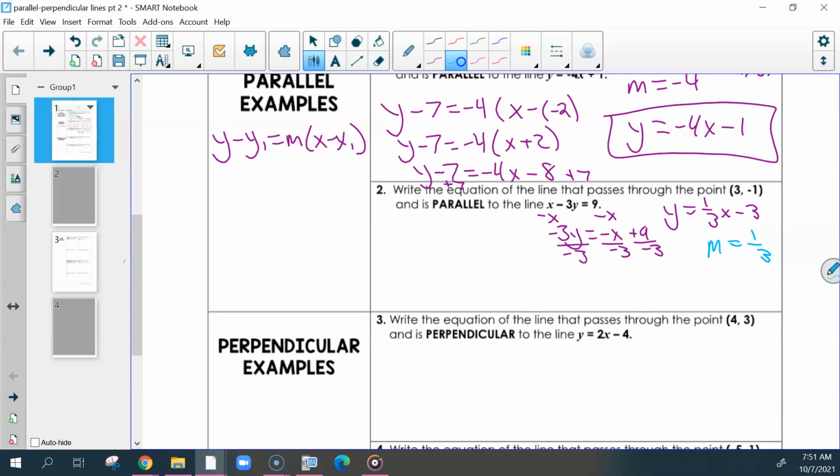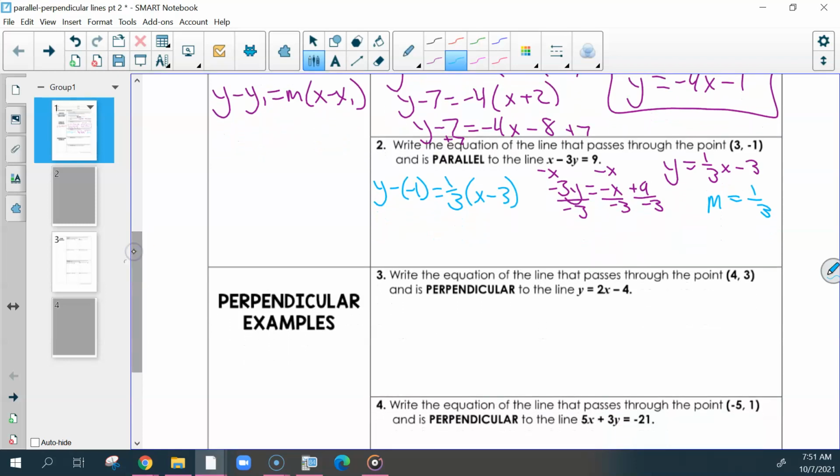And again, we're going to use that point slope formula. Y minus negative 1 equals 1/3 times x minus 3, and so on. Again, simplify. In this case, you can simplify and distribute at the same time.